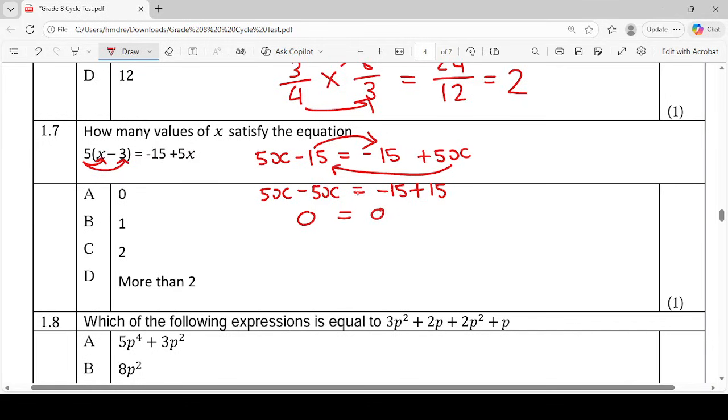When you get an answer like this, it means that any x will satisfy this equation. So that means if x is 1, that's right. If x is 2, if x is -5. So it means you've got any number of x's. You've got lots of x's, and so our answer is more than 2.